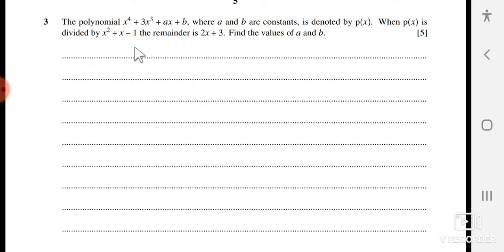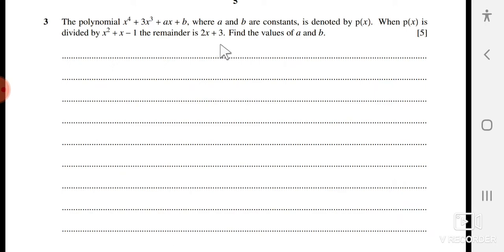From there onward you can compare the coefficients of x^4, x cubed, x squared. When you expand the expression, you will see that there is no x squared term in the given polynomial, so you put the coefficient of x squared equal to 0. Hopefully by observing all these things, you can easily calculate the values of a and b.